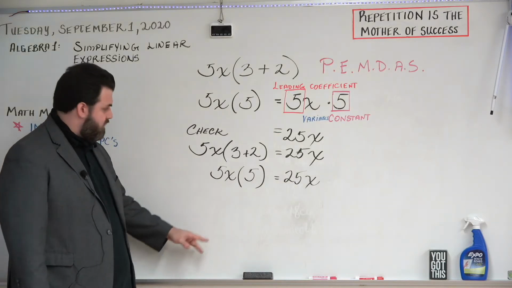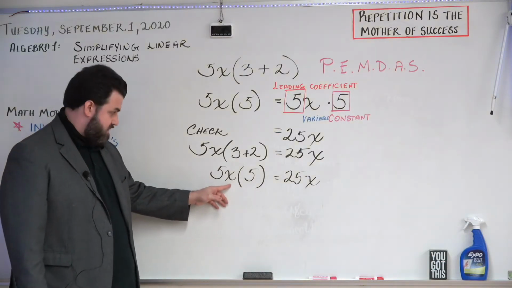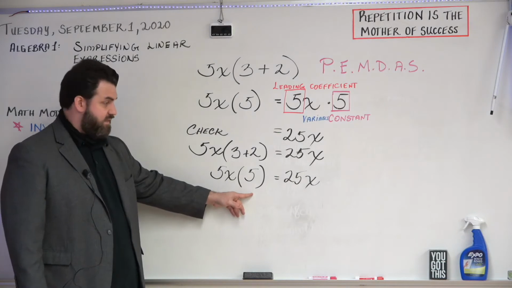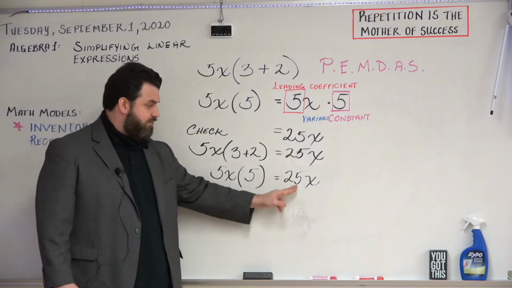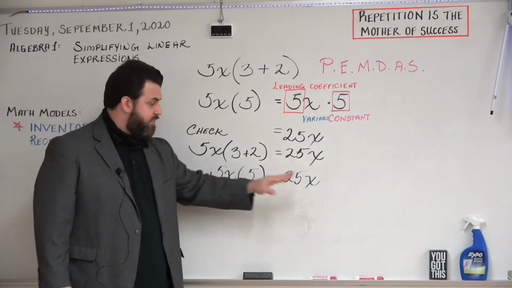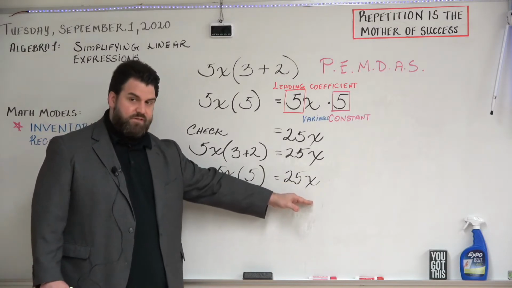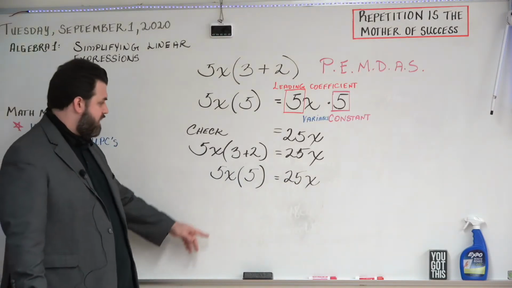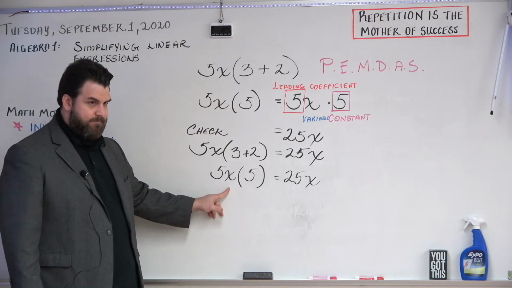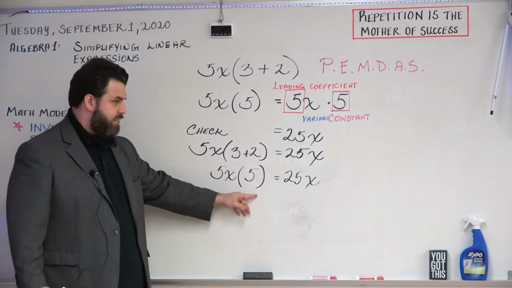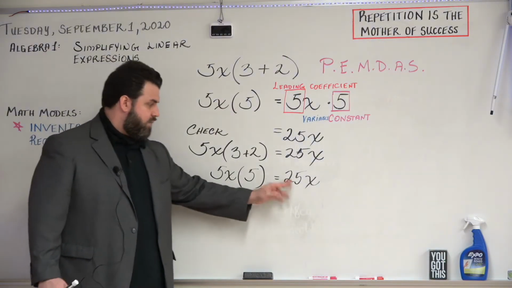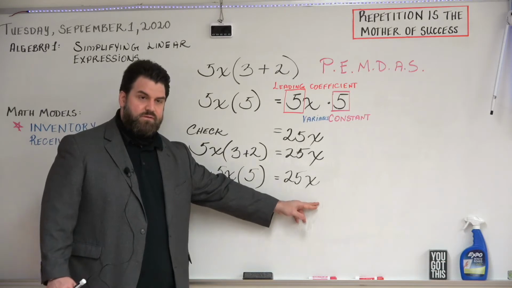Let's try 1. 5 times 1 is? 5 times 5 is? 25 times 1 is? So 25 equals 25? That's still true? Let's try 2, and then we'll be done. 5 times 2 is? 10. 10 times 5? 50. What about 25 times 2? 50. So 50.